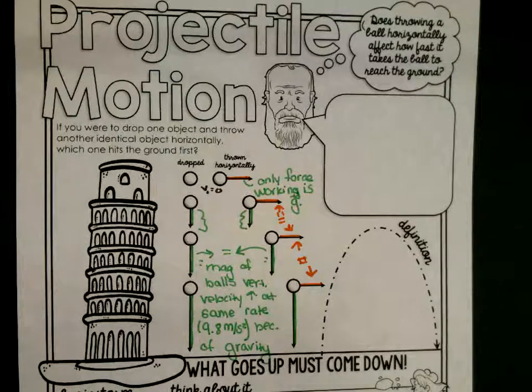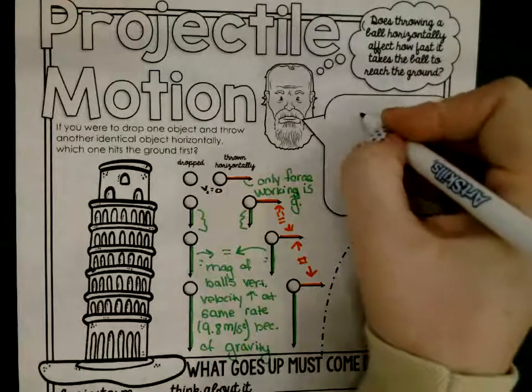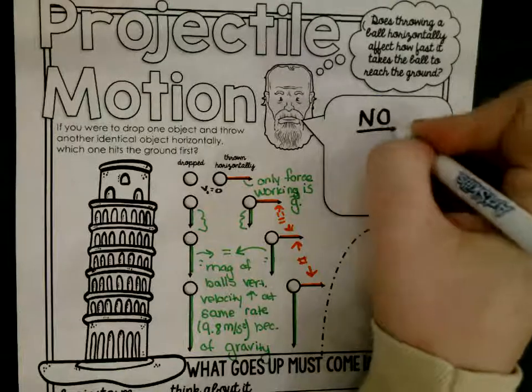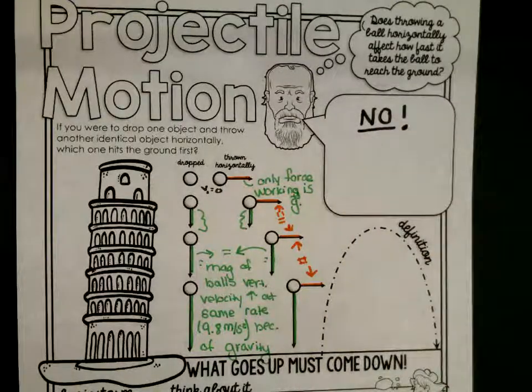So over here, with Galileo, his question says, does throwing a ball horizontally affect how fast it takes the ball to reach the ground? And the answer is no. It does not.